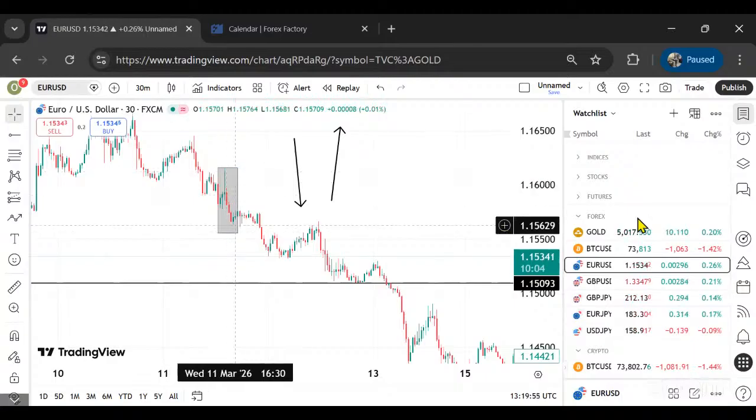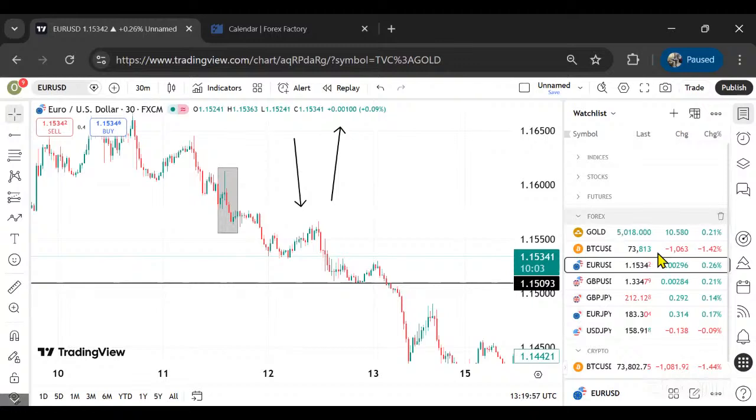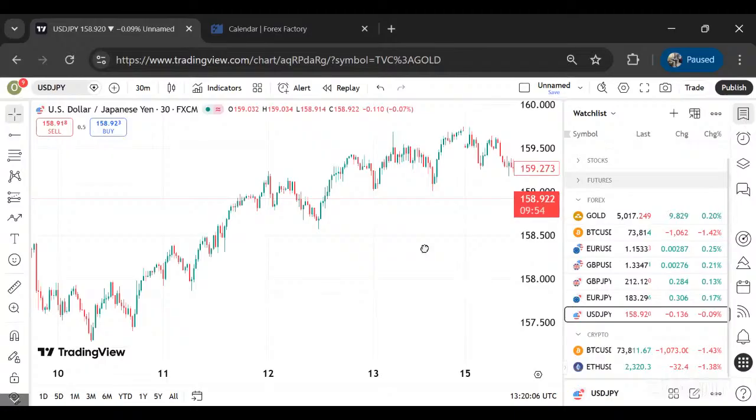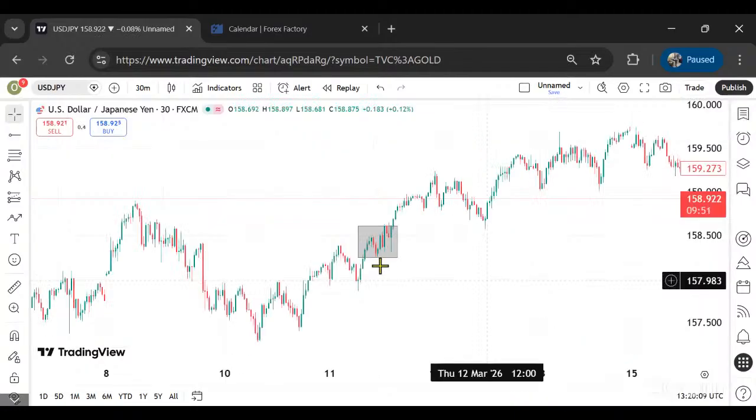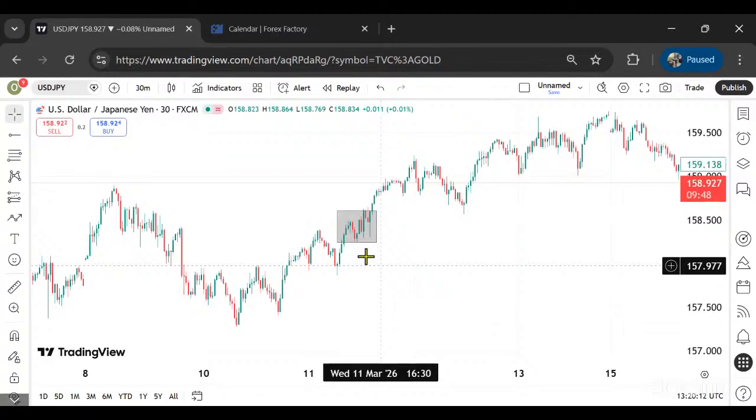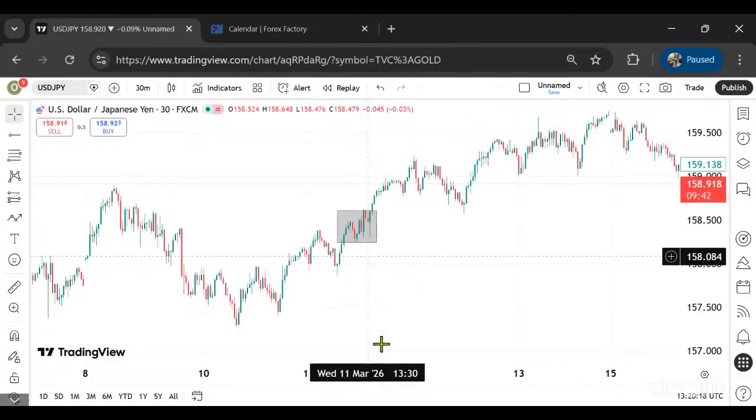Then let's check USD JPY. So this is USD JPY. If you look down here, check the dates there.